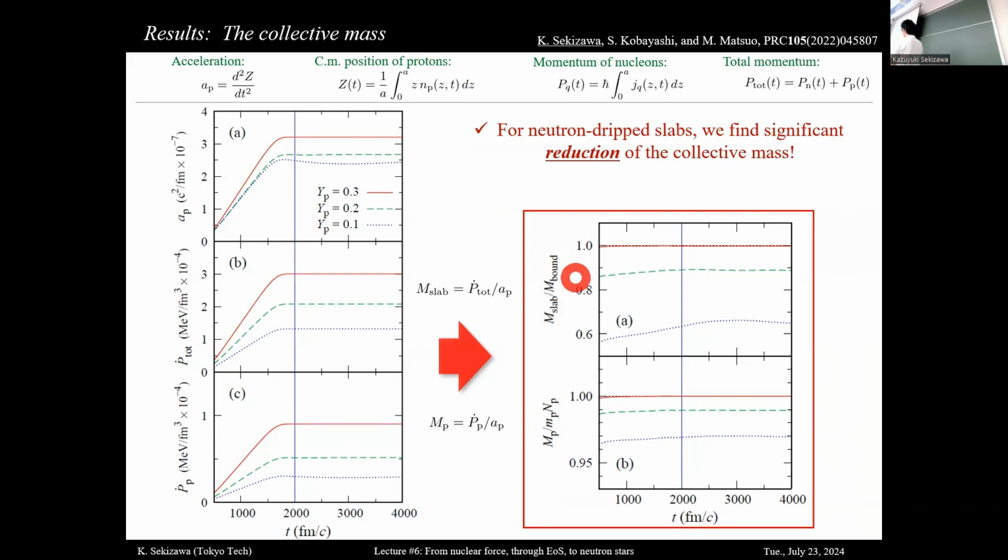So I took the ratio, and as you can see, for the lower density region, when we have almost no dripped neutrons, this ratio becomes 1. It shows this kind of picture is correct. But when we have dripped neutrons outside of the slab, it becomes much lower and lower. So actually, the mass of the slab is reduced because of the band structure effect.